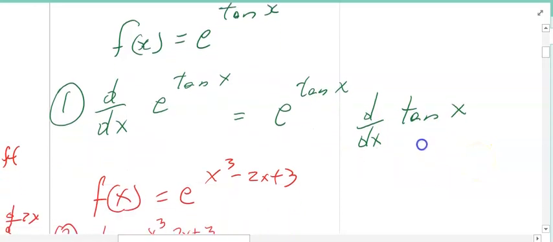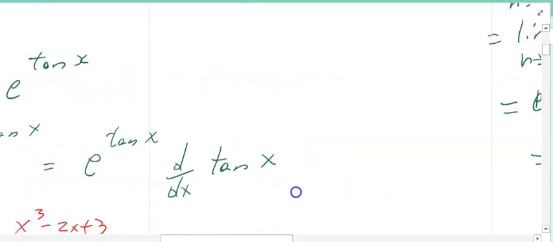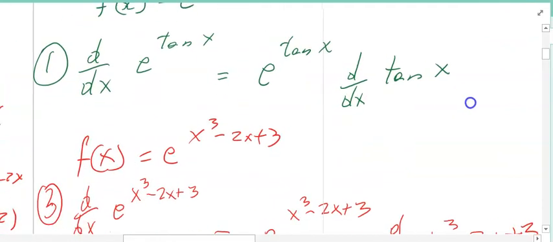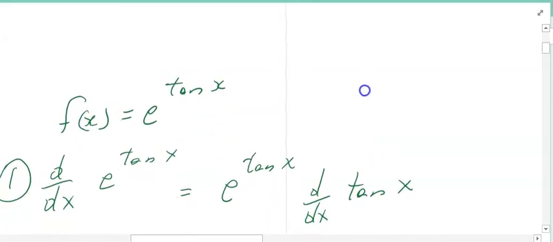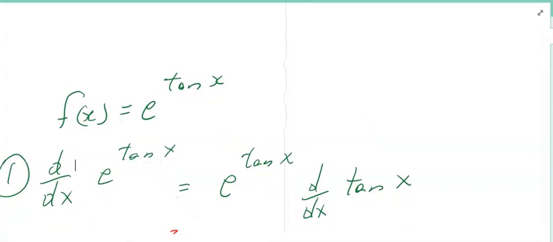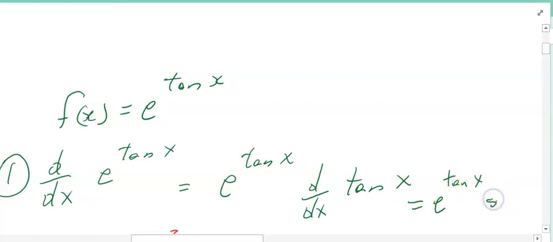And we know that the derivative of tan of x is equal to secant squared x, so that would be e to the tan of x times secant squared x, and we're done.